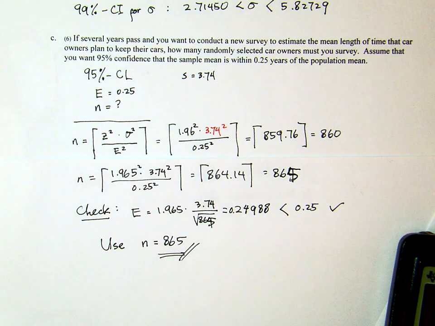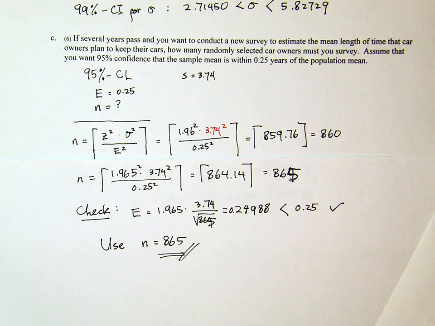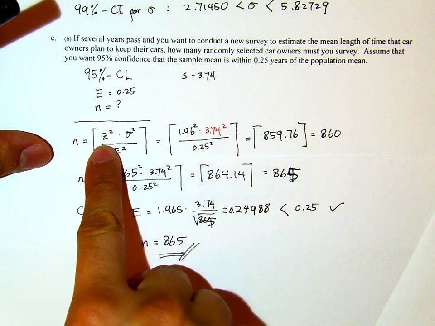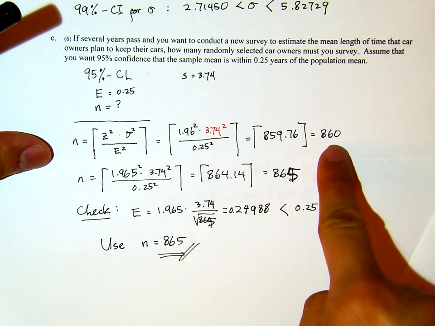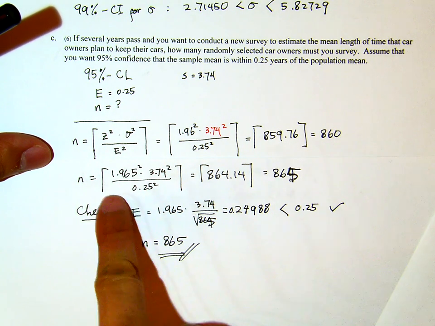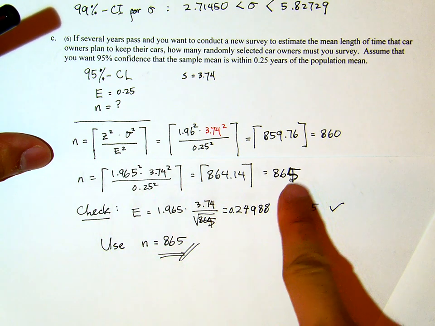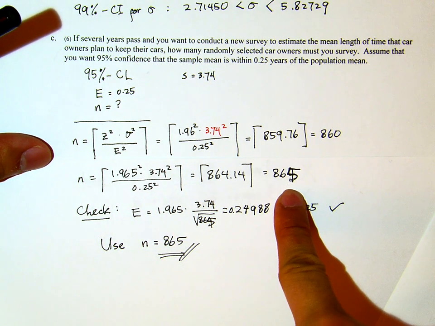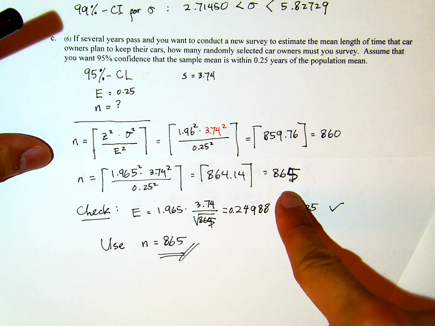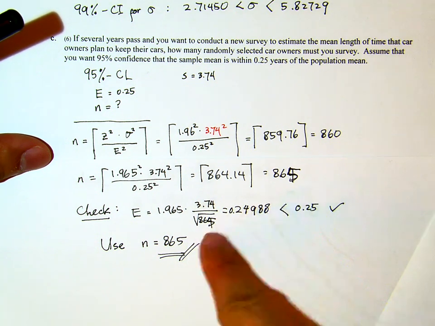Now this question is harder than it's supposed to be, but this is actually the real situation. If you don't know how many data you need, what do you do? We assume the normal distribution first. You use the z-score to get the initial number, and then you plug it into the t. Then from here you try a number less than that, maybe 864.